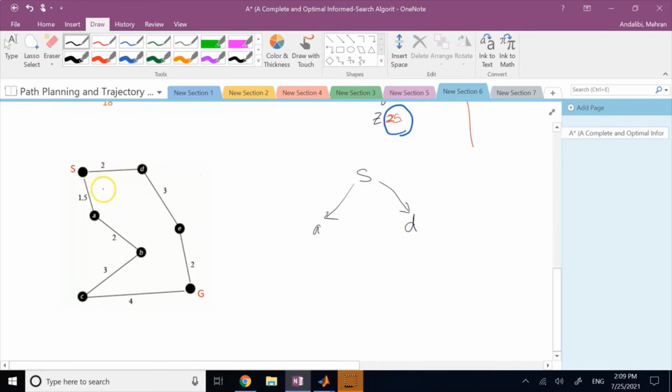Now here there are weights of the edges, but there should also be a value of H at nodes. At G, you know the H is 0. But at C, A, B, D, and E, there should be some H values, okay? So if we go with the same numbers at Wikipedia, these are the numbers, 4, 2, 4, and then 4.5 and 2, okay? These are the numbers suggested.